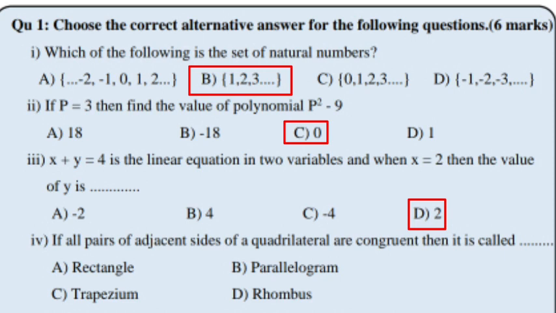Fourth question, if all pairs of adjacent sides of a quadrilateral are congruent, then it is called. Options are A, rectangle, B, parallelogram, C, trapezium and D, rhombus. And the correct answer of this question is D, rhombus.